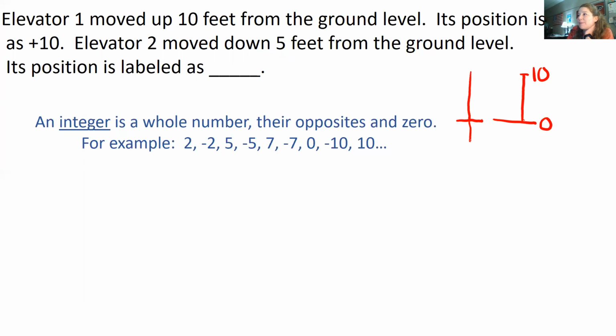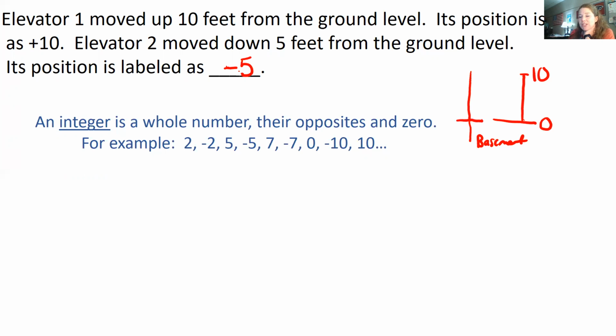So basically it went in the basement, correct? If this elevator moved 5 feet below ground level, what kind of number would it be represented as? It would be a negative, right? -5. The basement would be more than 5 feet below ground level, but anyway, we just went with it.